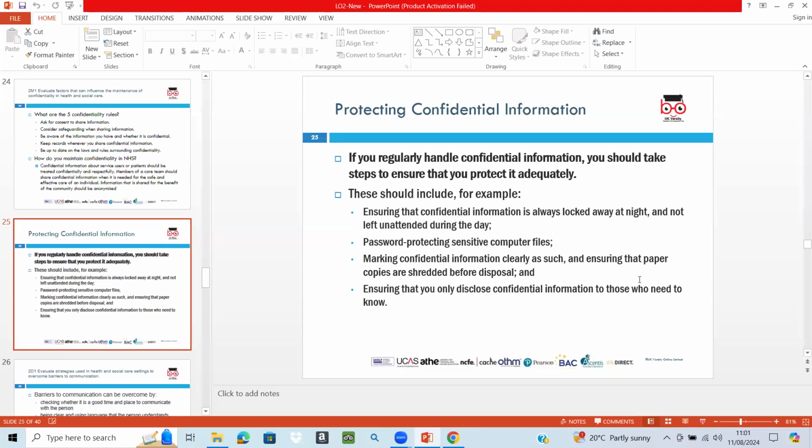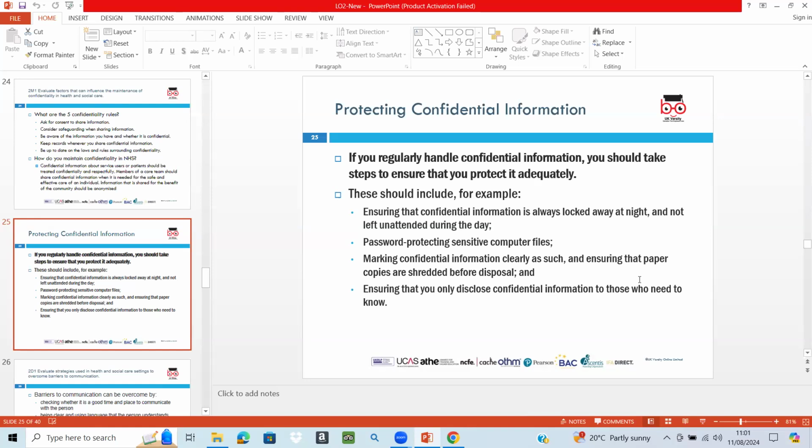Here we have to discuss protecting confidential information. Here are some of the bullet points which we need to discuss.